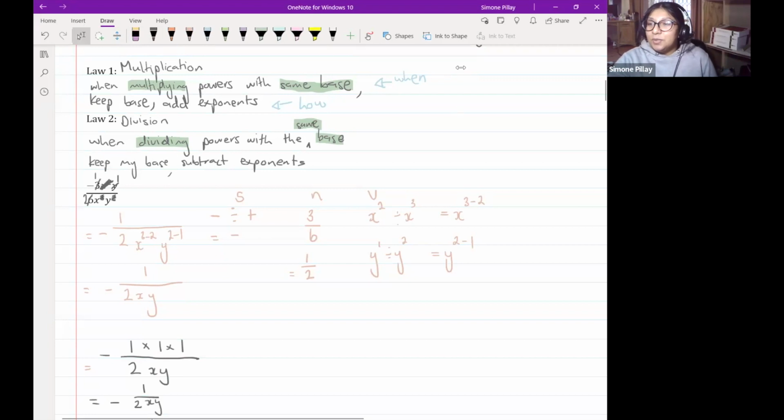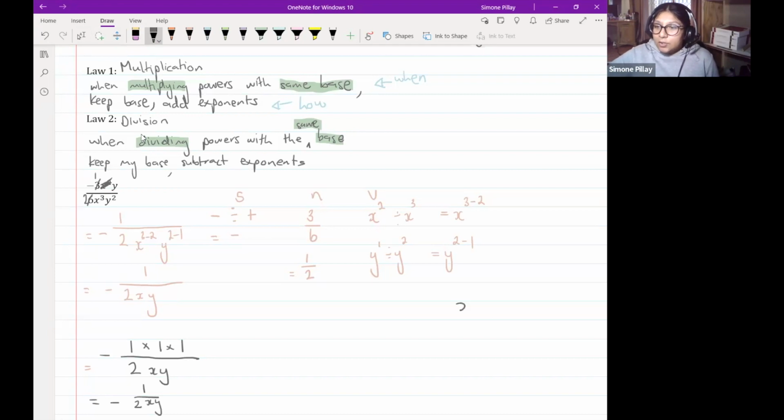So there are two methods to doing that. You can either use the cancellation method or you can use the exponent law method. With the cancellation method, you go ahead and you look at it and you say, okay, I have 2 x's on the top. I have 3 x's at the bottom. If I take away 2 x's from the top, it means I'm going to take away 2 x's from the bottom as well.